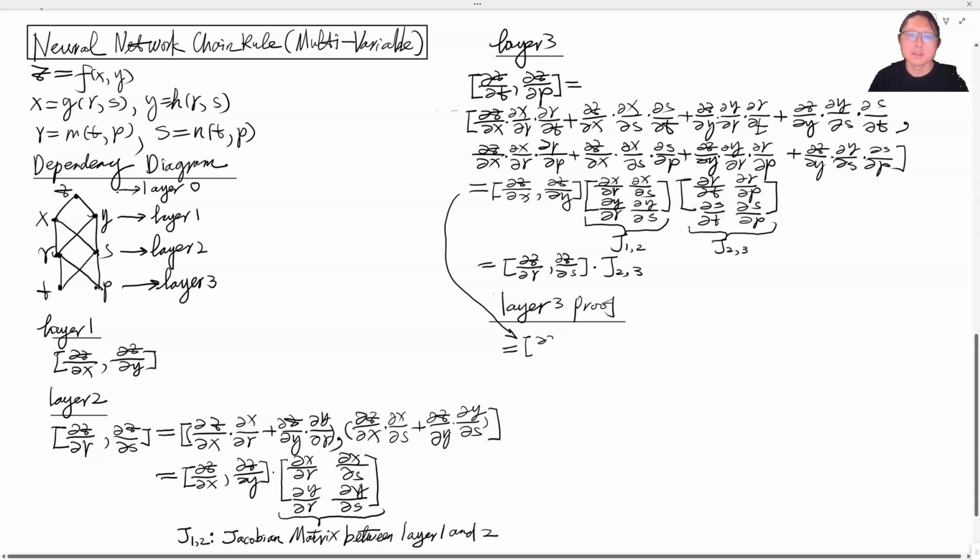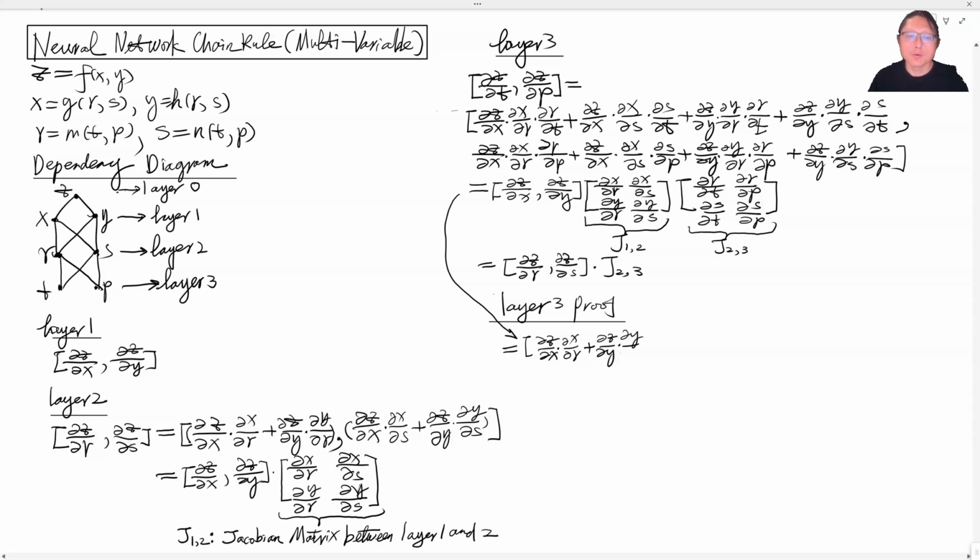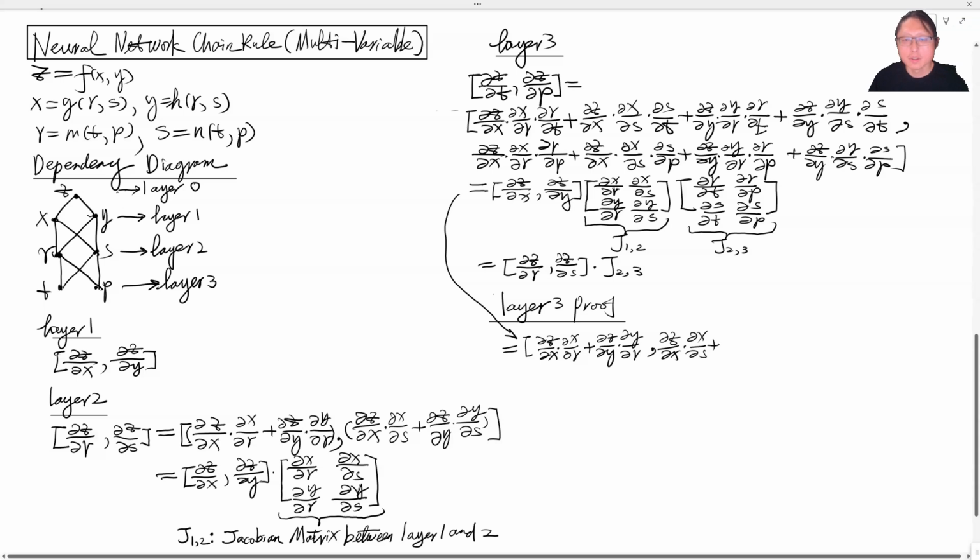It means the Jacobian matrix relationship between layers 1, 2, 3 is just like the relation between layers 1 and 2. It is connected by a Jacobian matrix. So here we just expand the calculation of the vector multiplication in the matrix. And as I suggest, find a piece of paper and write it down. You will see the relationship is good.